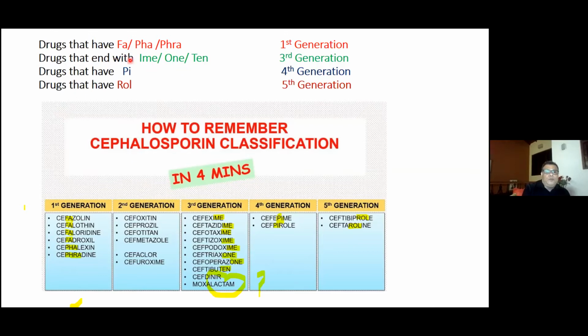If a preparation ends with these letters, that belongs to the third generation. Similarly, if you find these two letters PI here, that belongs to the fourth generation. If preparations have three letters together like ROL, that belongs to the fifth generation. These fifth generation medicines are highly reserved for severe infections, and these can be the first line medications in our practice.